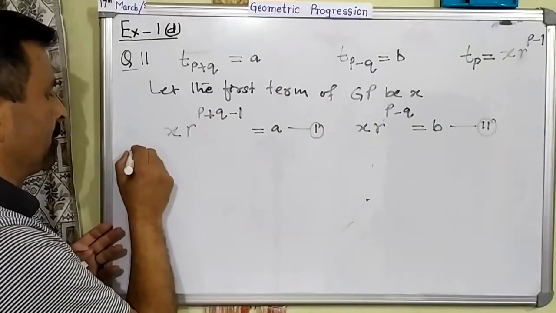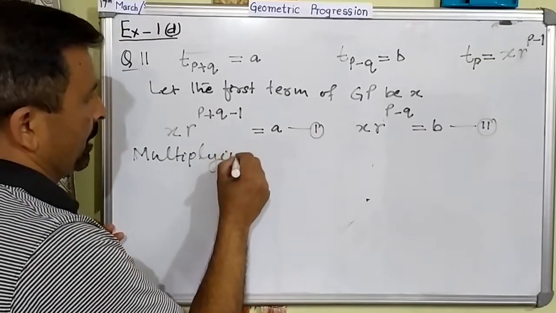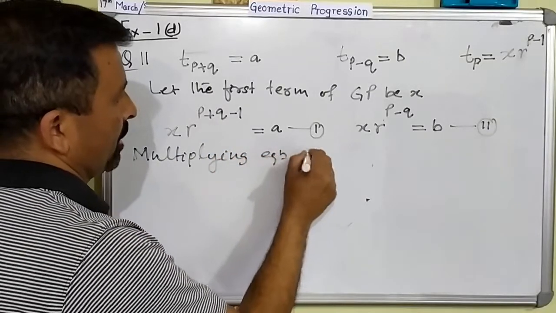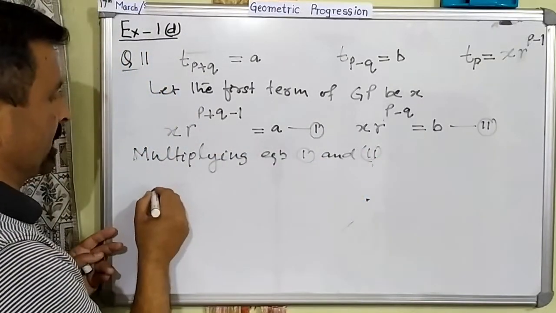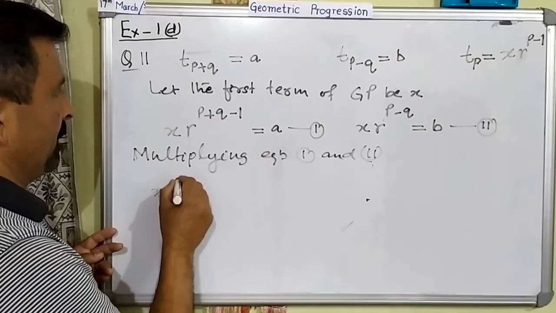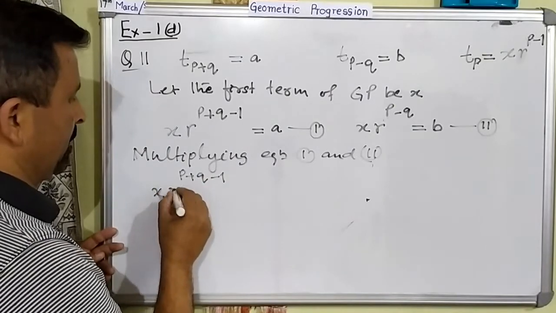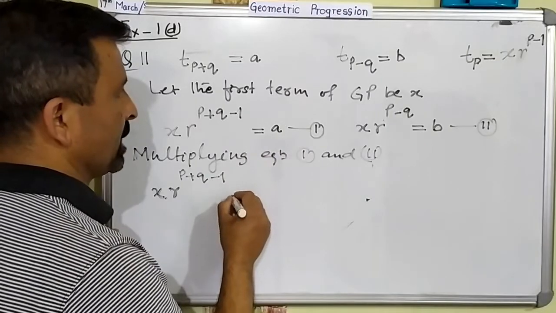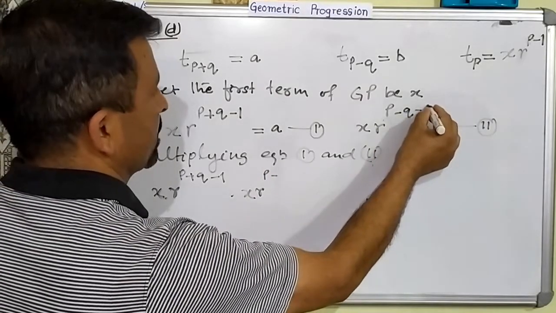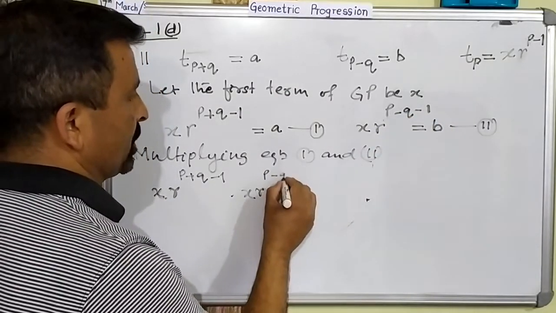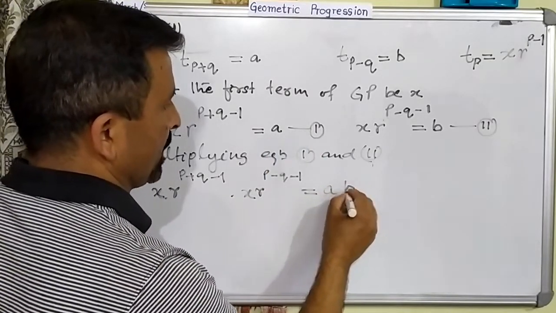So multiplying equations 1 and 2: x r to the power p plus q minus 1, times x r to the power p minus q minus 1, and this is equal to, on the left hand side, a into b.